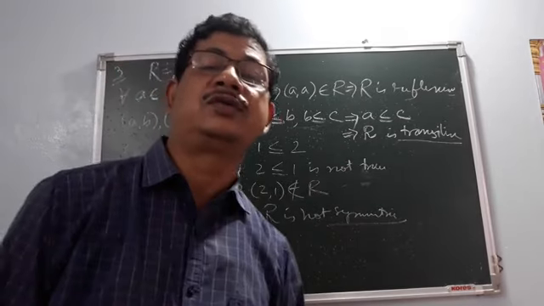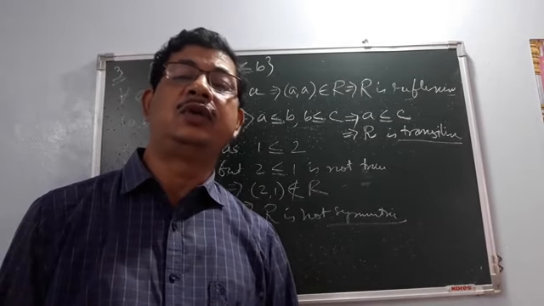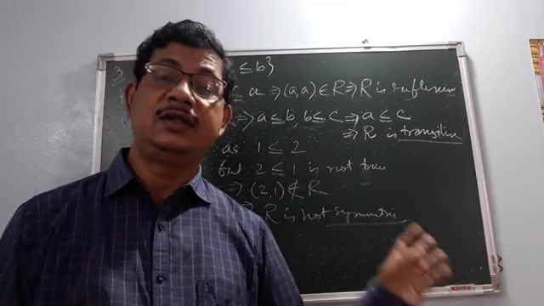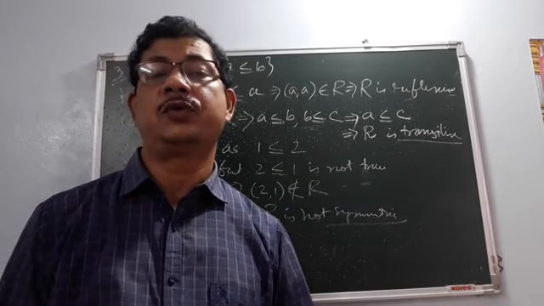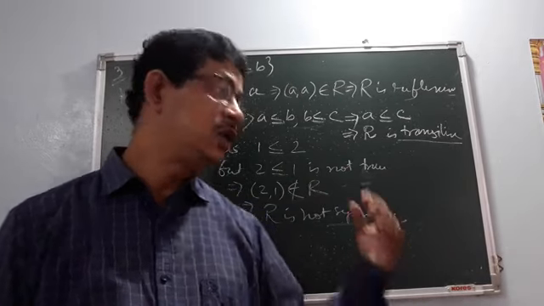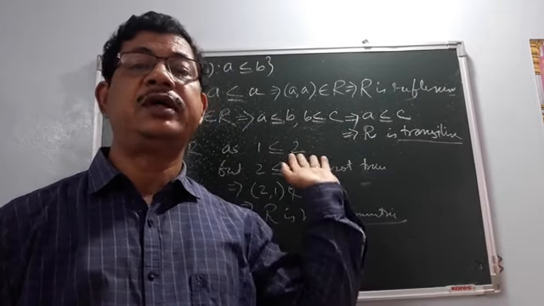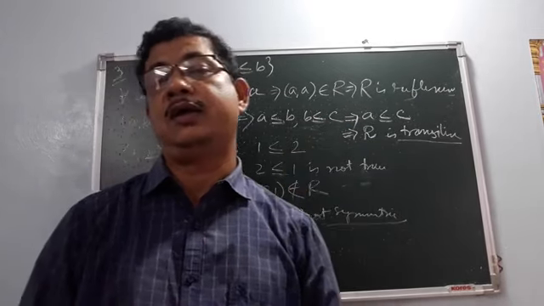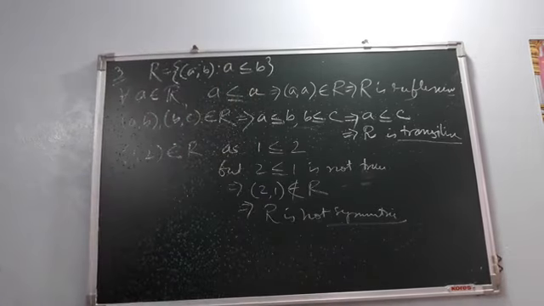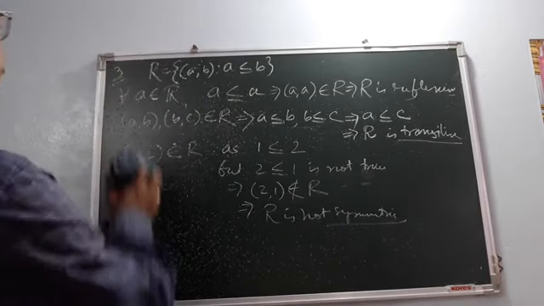We have to give one example, and if that example fails, that means it is not possible. But if you have to show yes, it is transitive or it is reflexive, then I have taken an arbitrary element and proved it. So this is our question number 3.